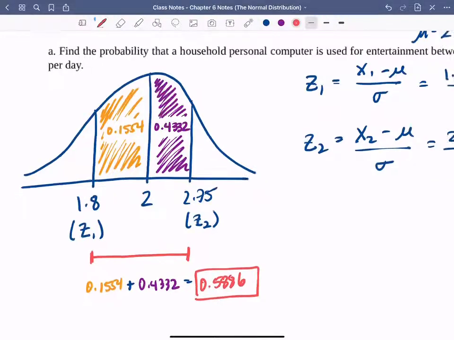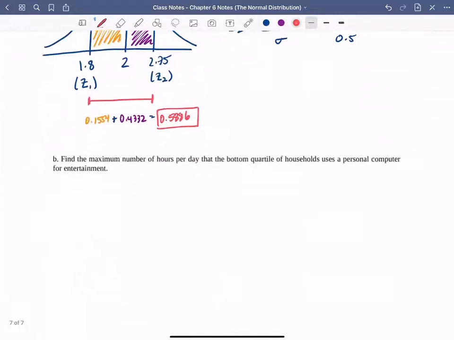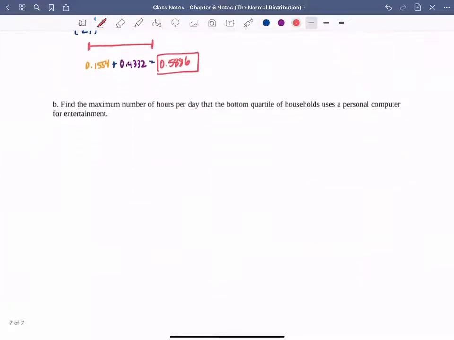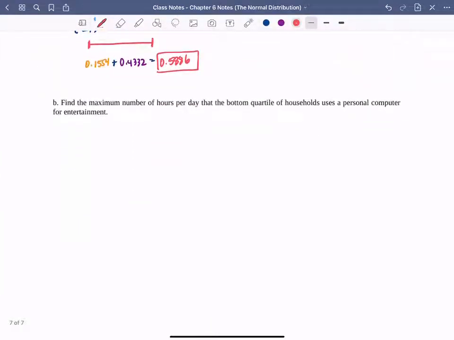Okay, we're going to do one more here. This is going to be a little bit different. So it says find the maximum number of hours per day that the bottom quartile of households uses a computer for entertainment. What is the bottom quartile? Well, you're splitting things in fours, which means that if you take 100% of something and split it into the bottom fourth, that tells you that you are finding the 25th percentile.